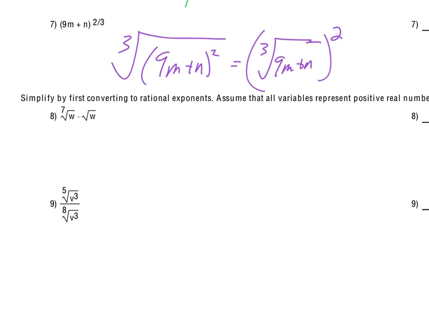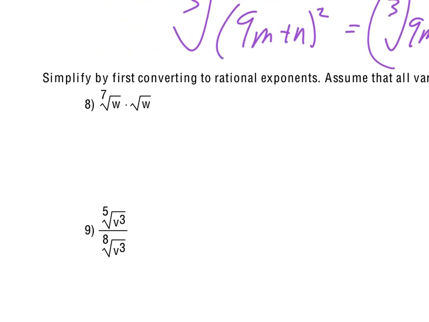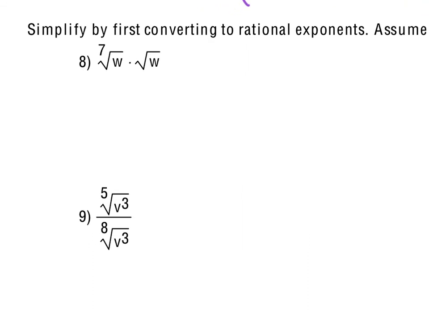Here, again, we're still assuming all variables represent positive real numbers, but simplifying. Now, our radical properties aren't going to work here, so we're going to convert to rational exponents. They even tell us to do that. So, rational exponents here, we'd have w to the 1/7 times w to the 1/2. Now, back to our properties for exponents.